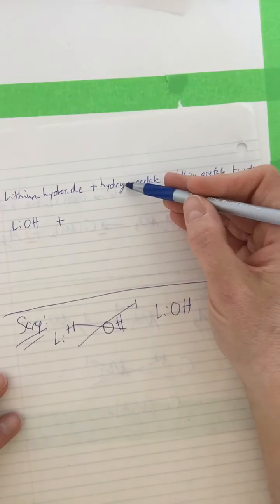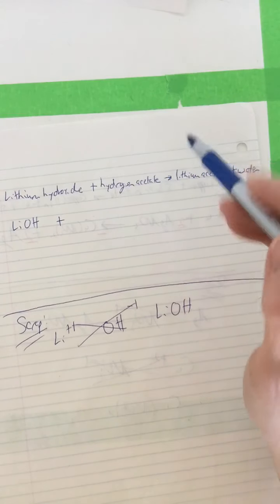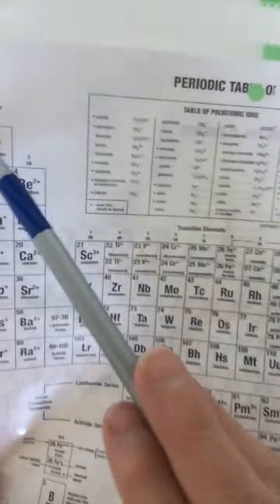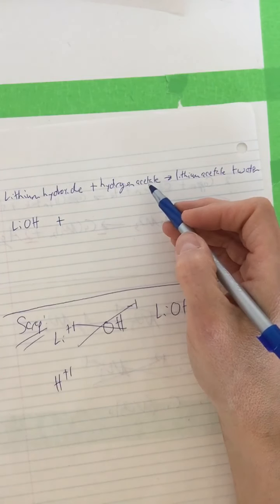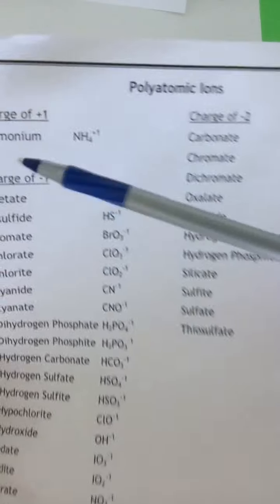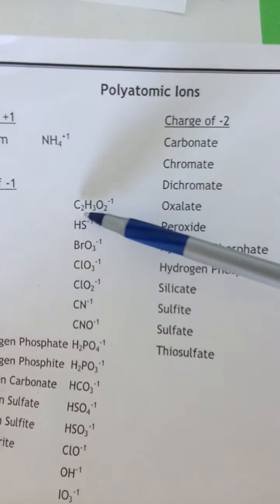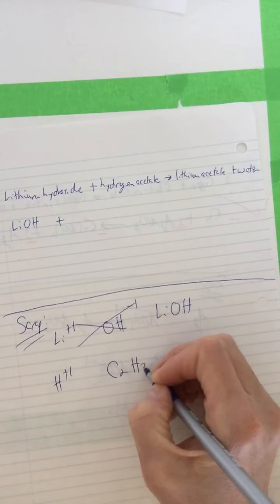Lithium hydroxide, LiOH. Perfect. Plus hydrogen acetate. All right? I don't know what to do. Let's see what that is. Well, hydrogen, we know from the table of ions, hydrogen is a +1. What's acetate? Well, again, I'm going to get my polyatomic sheet and I'm going to see it right here. Acetate, C2H3O2, and it had a -1 charge.